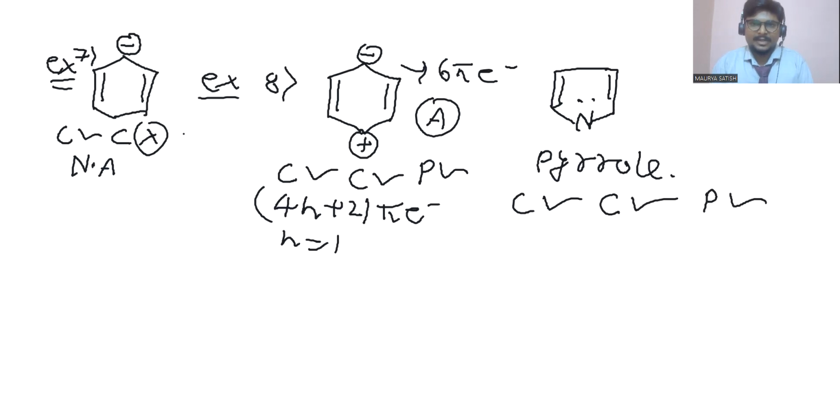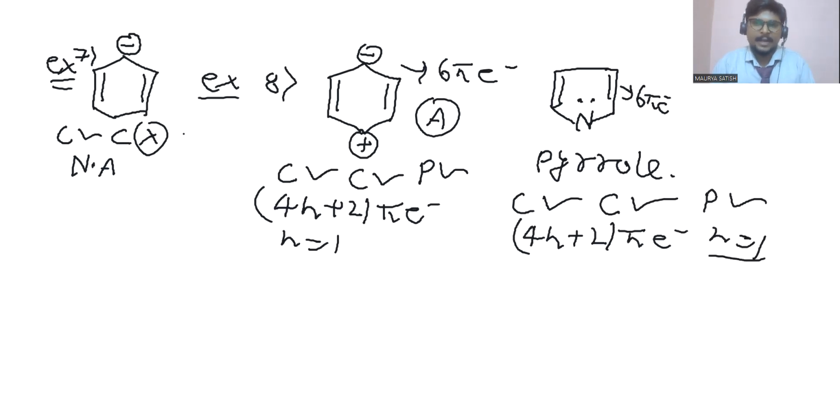So you know that basically it satisfies, how many electrons contribute in conjugation? 6 pi electrons. This lone pair also contributes, that means 6 pi electrons, that means it satisfies 4n plus 2 pi electrons. So if you put n equals to 1, you'll get the 6 pi electrons, so it is aromatic.